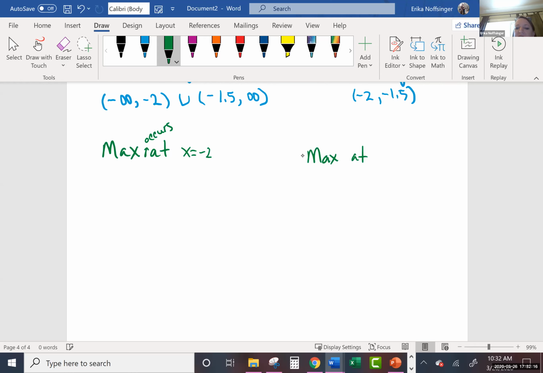Remember, it's the y value that you're looking at. And the min occurs at x equals negative 1.5. So if you look at what is f of negative 2 and what is f of negative 1.5.